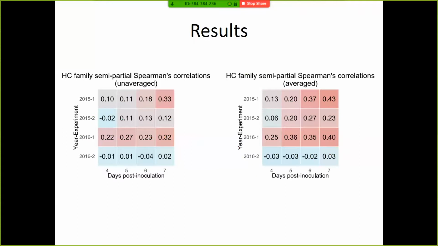And for one experiment, all the days post-inoculation correlations weren't significantly different than 0. And the reason for that is essentially the computer vision rating didn't do a good job in obtaining the leaf trichome, the true rating.